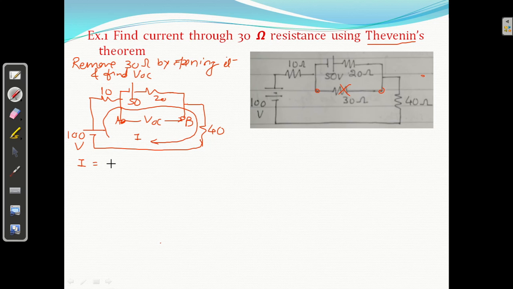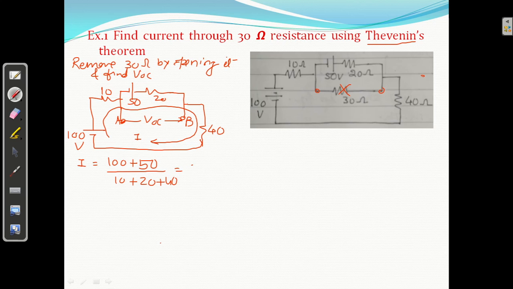I equals V upon R. V is 100 plus 50, upon R, which is 10 plus 20 plus 40. So you will get 150 divided by 70.